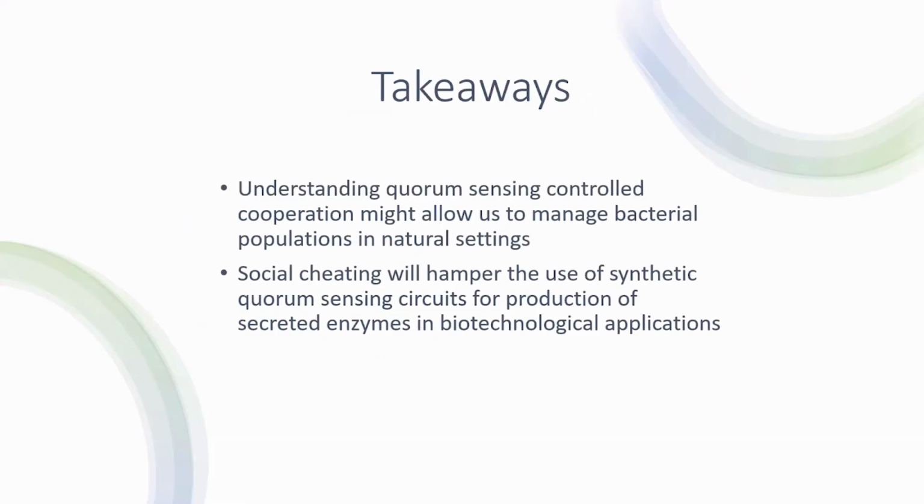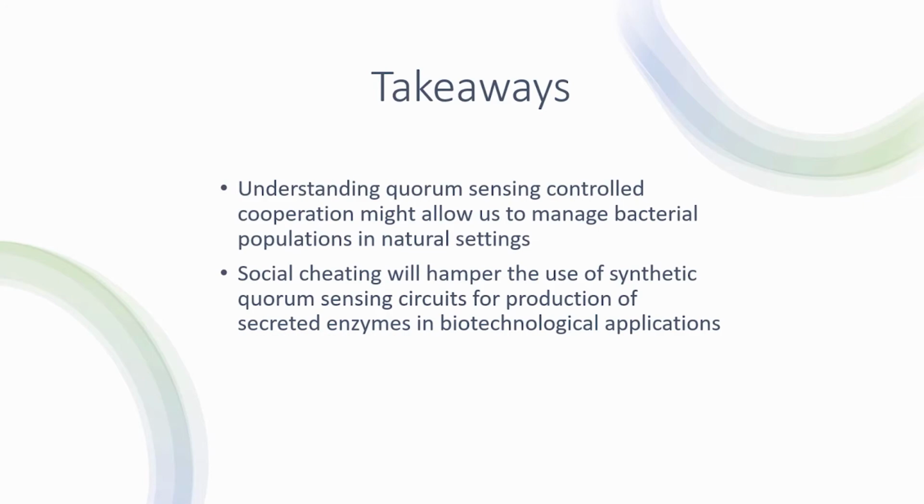And some takeaways and how we can apply this to our lives in the modern day. Being able to understand quorum sensing and controlling cooperation can actually allow us to manage bacterial populations in natural settings. So there's bacteria all around us, and in order for us to manage those populations of bacteria, we have to understand how they work, not only as individuals, but also as a community.